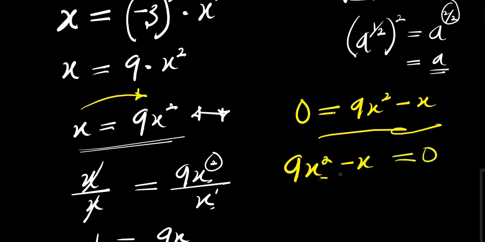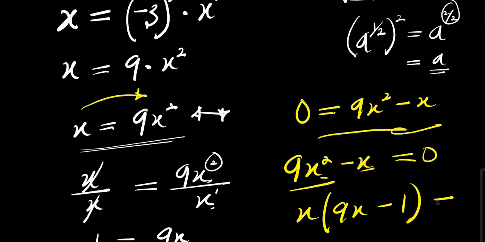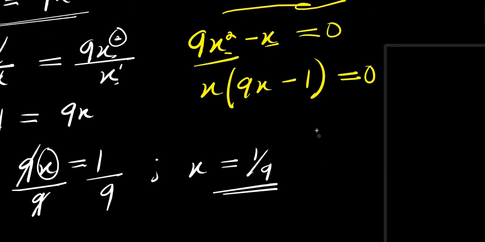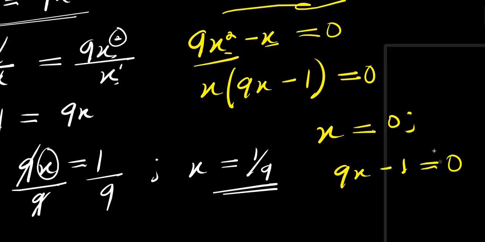I can factor out x. Have x times 9x minus 1 equals 0. So from here, I can have x equals 0. I have 9x minus 1 equals 0.